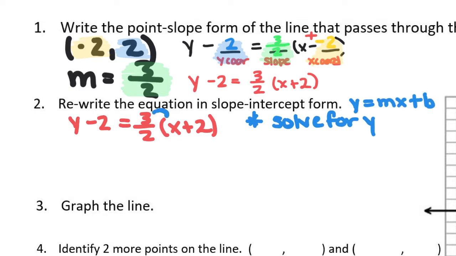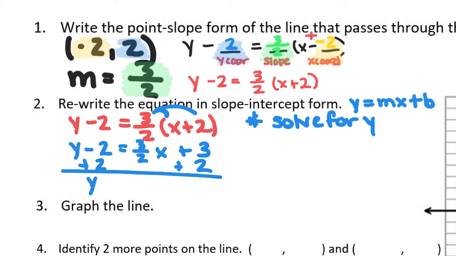So to do so, I would have to distribute the 3/2. So I get y minus 2 equals 3/2 x plus 3, and then you can add 2 to both sides. So you get y equals 3/2 x plus 5.